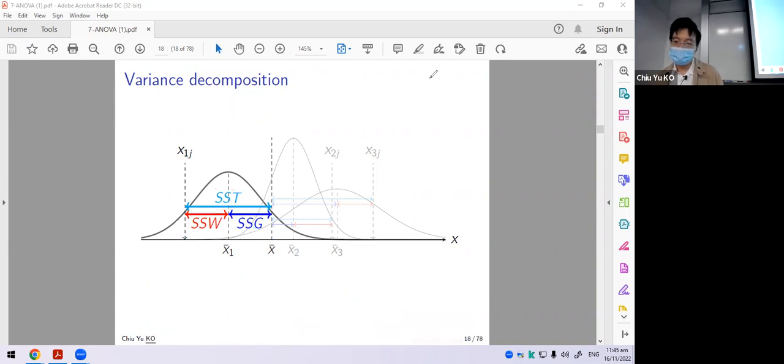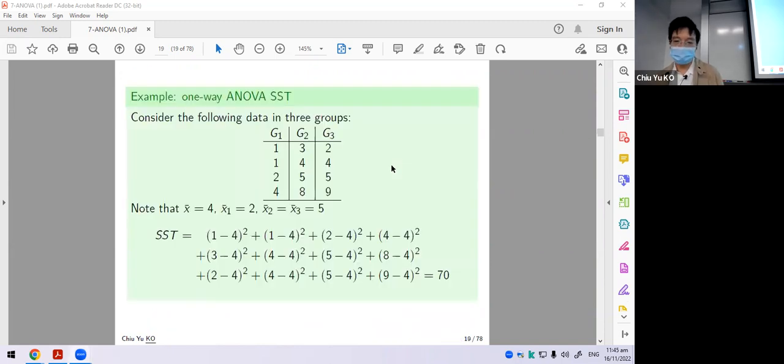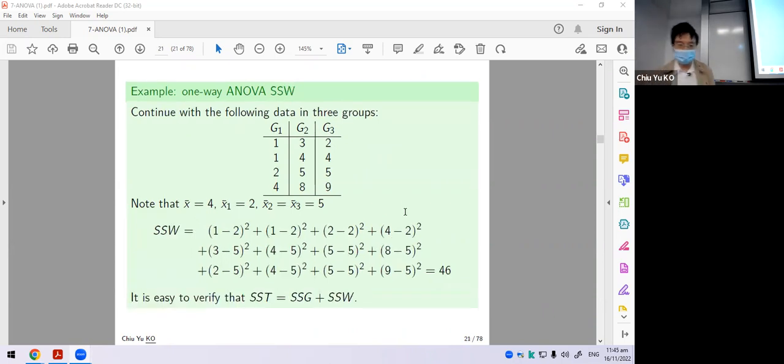Of course, it doesn't really matter if you don't know, because you're just running the program. You don't even need to calculate the SST, SSG, and SSW, because everything is given by the calculator, as I showed you.